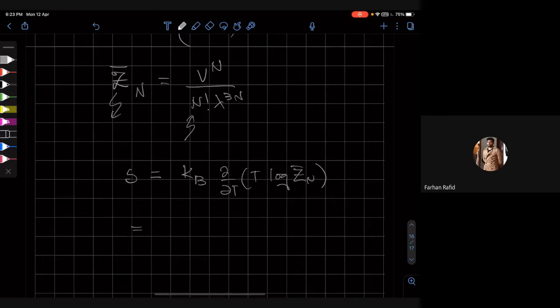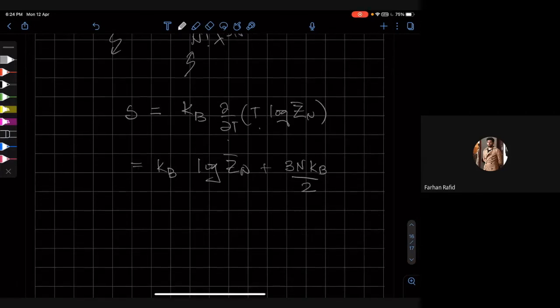Then we have another term, which you can work out easily, 3N Kb over 2.